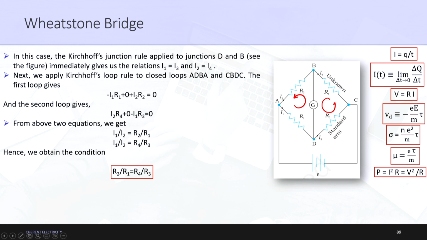The first loop gives minus I1 into R1, plus 0 because of the balanced condition, and then plus I2 into R2, because the current direction here is in this direction, so it will be plus. So, I2 R2 is equal to 0. This is the first equation.